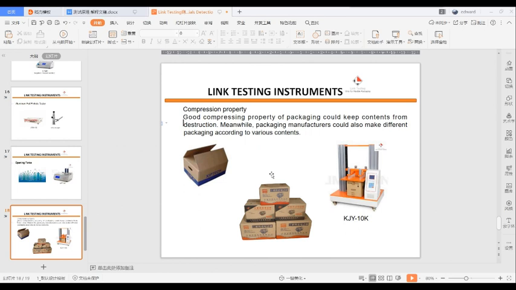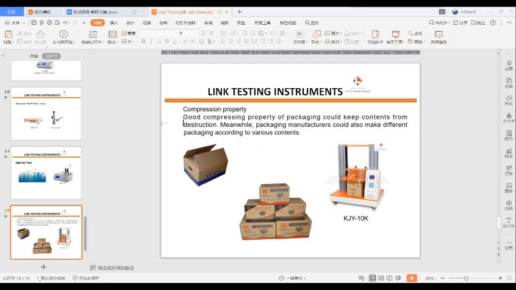This is the compression property tester. It's usually used for carton and box properties. During transportation and storage, cartons are put into the warehouse in many layers, maybe five or six layers, but they are easily compressed.